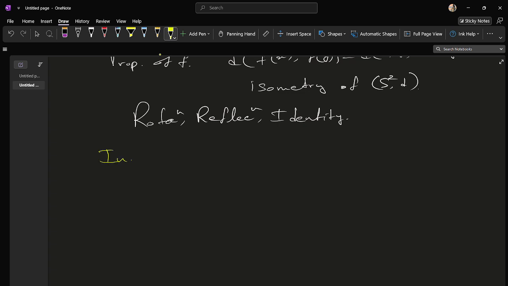Now we are going to see about the injectivity. f from S2 to S2 is injective. Why?